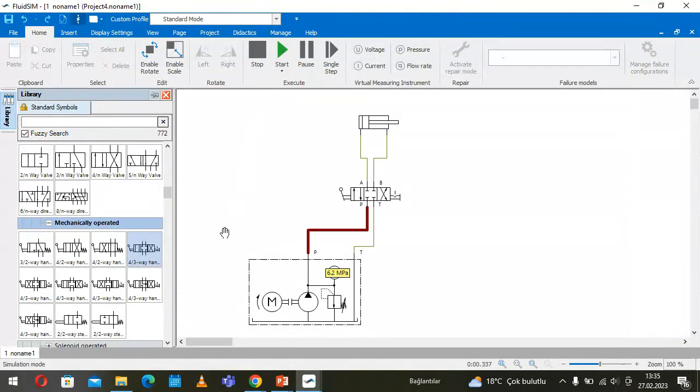So if we start the simulation, you see in this position of the valve, the cylinder doesn't move. And in that position, the piston moves forward, and there is no spring, so I have to operate the valve manually. If I operate from that side, there's no motion, and on this side, like we learned before, the piston moves back to its initial position.